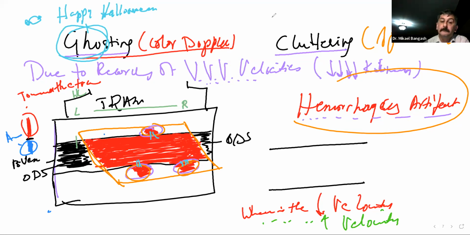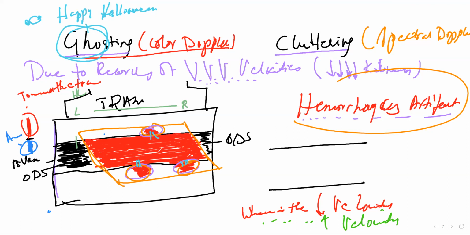I'm not understanding the question. The question is very straightforward, my dear. This is your blood vessel that you scanned here. Within this blood vessel, what will be the areas where you will find a high velocity and what will be the areas where you find a low velocity?